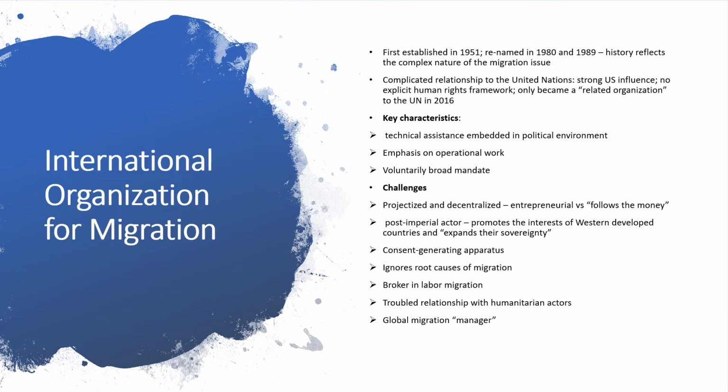It was very separate from the UN for most of my career, and did not incorporate into its mission the Universal Declaration of Human Rights, for instance, upon which most UN organizations are founded. It became a related organization to the UN in 2016. It will never be a full member of the UN until it accepts various modes of operation, which it hasn't yet.